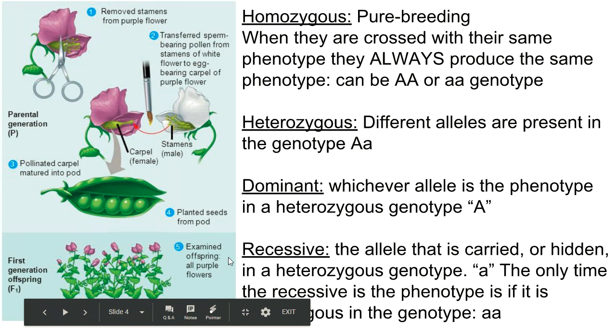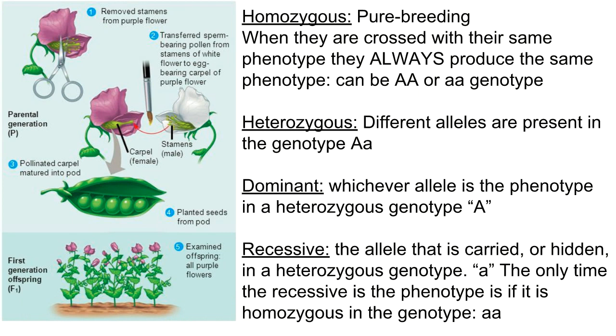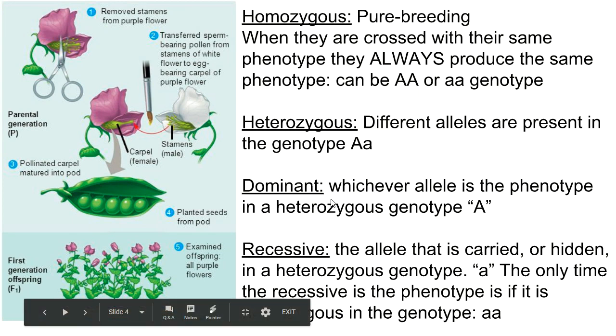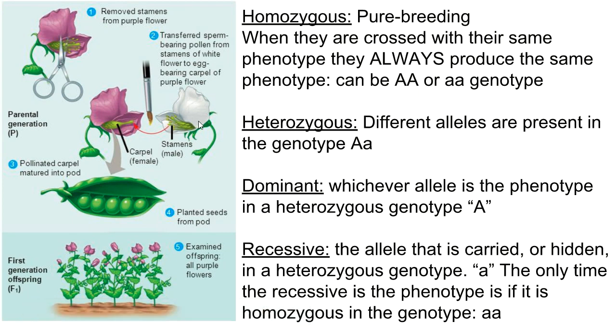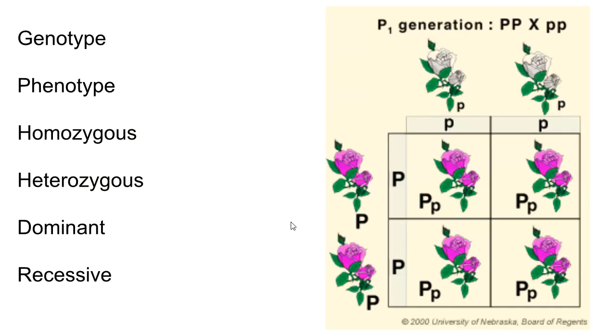So the one that doesn't show up when it's heterozygous is the recessive version of that trait. And the only time you can see a recessive in the phenotype is if it is homozygous in the genotype. So again, we just got to use the words. So this white flower has to be little a, otherwise you wouldn't see white color. It would turn up purple.